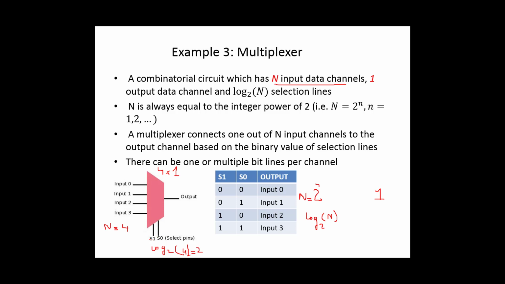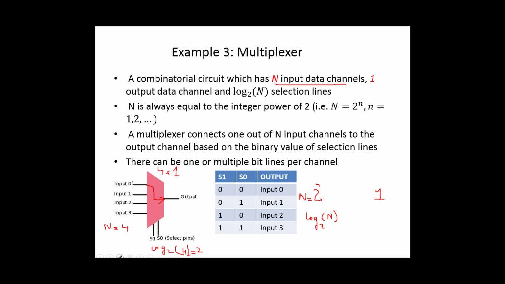Based on the binary value of the select lines, the multiplexer connects one of the inputs to the output. So if we have 0 0 on the select lines, then input 0 is connected to the output. Similarly, when we have 0 1 over here, then the second input is connected to the output, and so on.